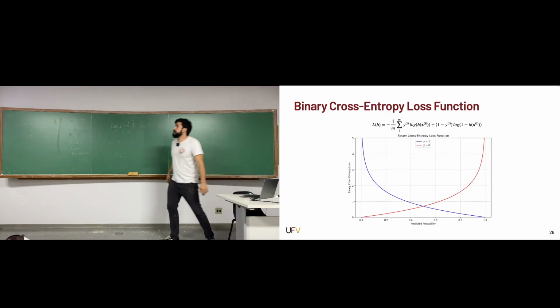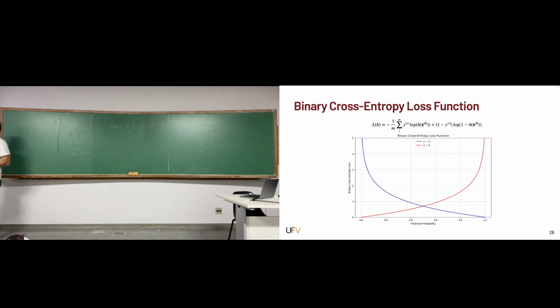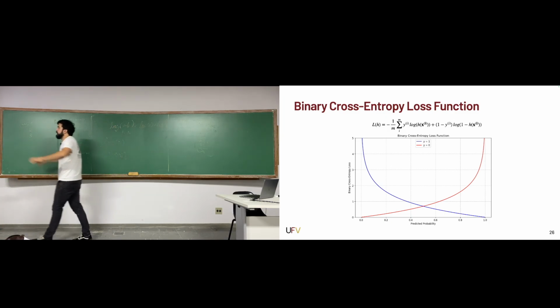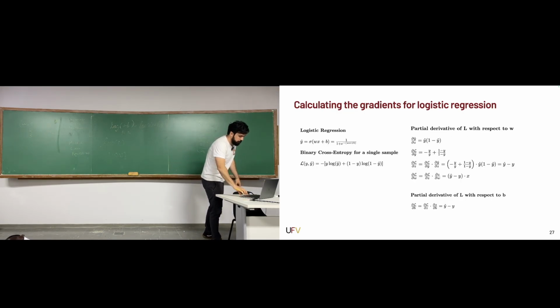In fact, this is the graph of the function. The blue curve is when your label is equal to 1, and the red curve is for when your label is equal to 0. You see how you get this nice convex looking function in both cases.